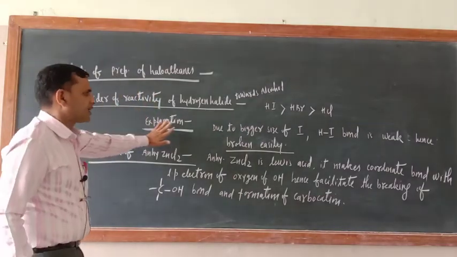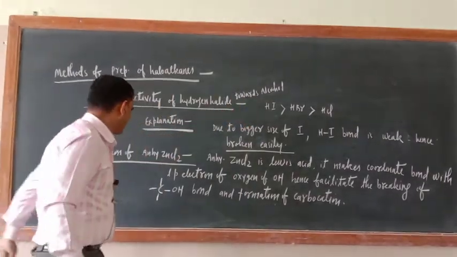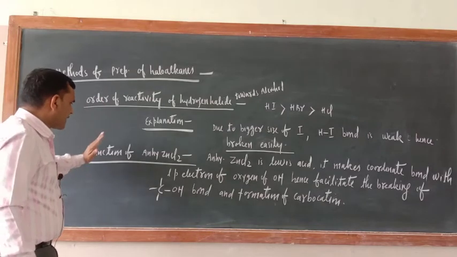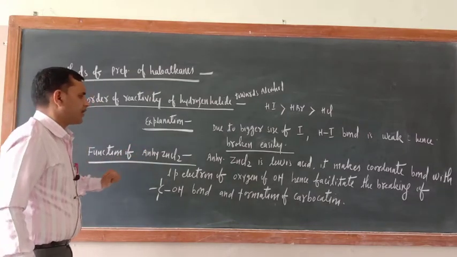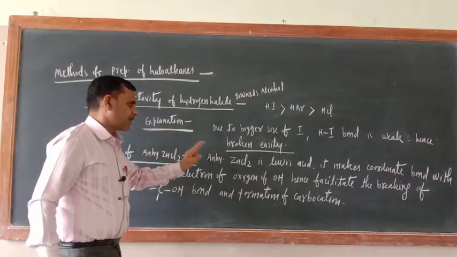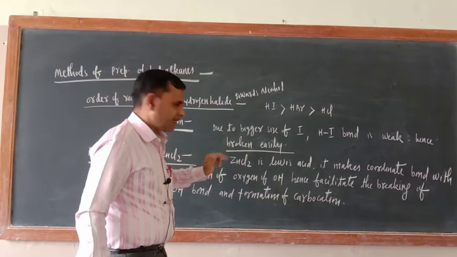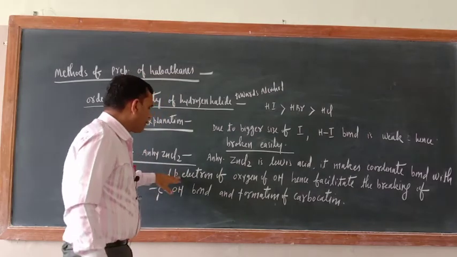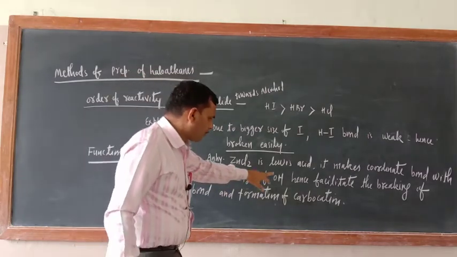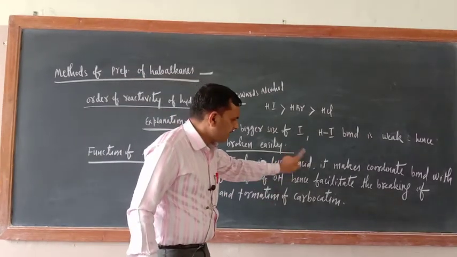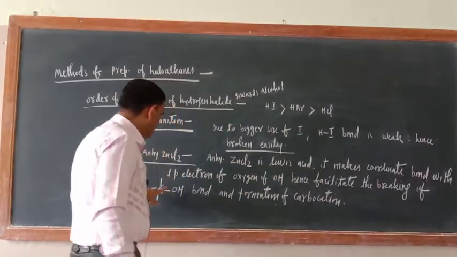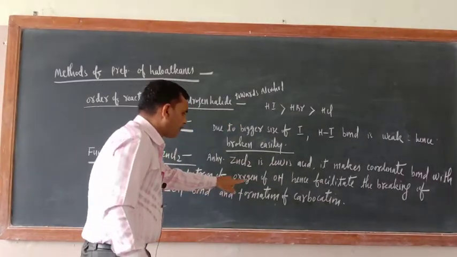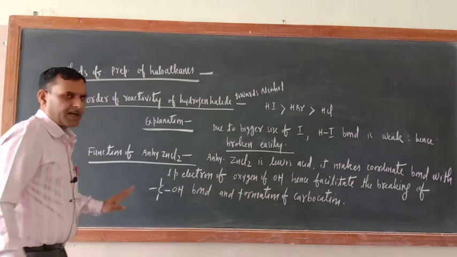That is why HI is more reactive. Now just see the function of anhydrous ZnCl2 here. Anhydrous ZnCl2 is a Lewis acid. It makes a coordinate bond with the lone pair of electrons of oxygen of OH, hence facilitating the breaking of the C-OH bond and formation of carbocation.